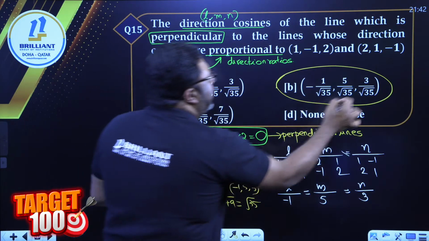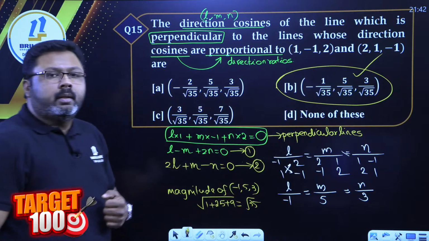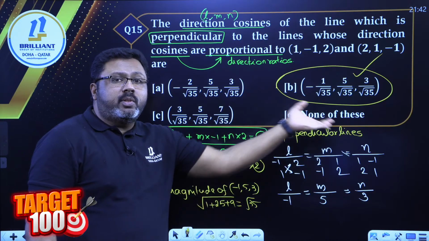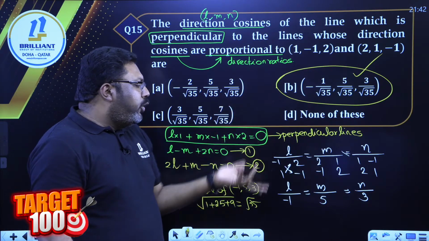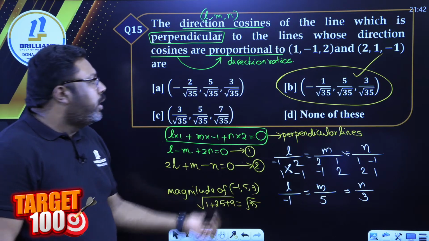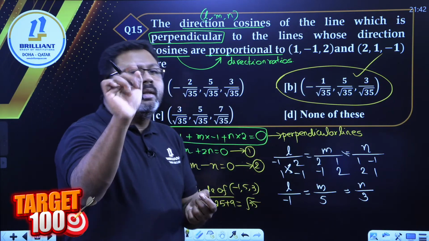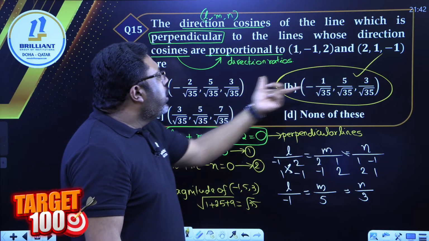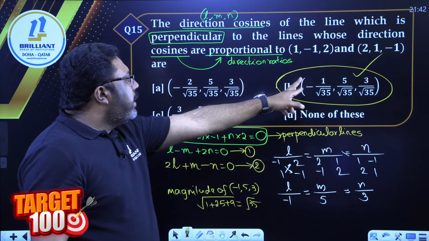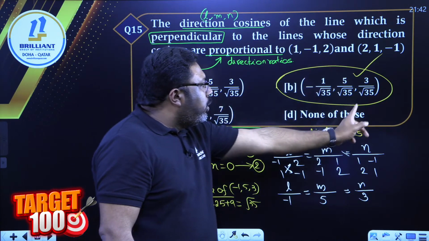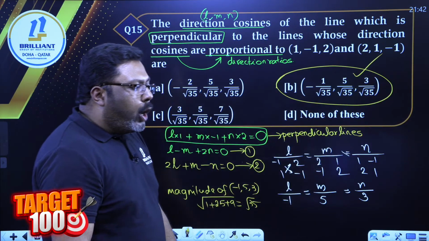So we are perfectly correct. If something else was given in place of option D, I would not have wasted time finding the magnitude, but none of these is there. Just one simple cross-check. I got the direction cosines -1 by root 35, 5 by root 35, 3 by root 35. Option B.